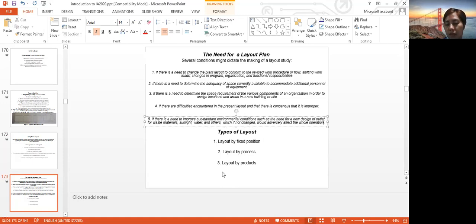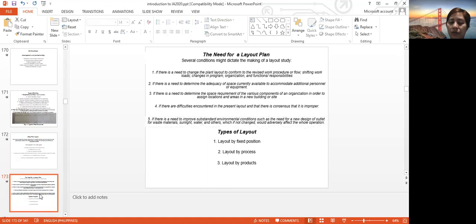Same here with the types of layout. There's no best layout, but the best layout is the layout that is suited to the situation, making sure that it considers the different factors.